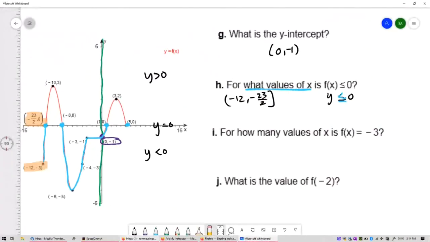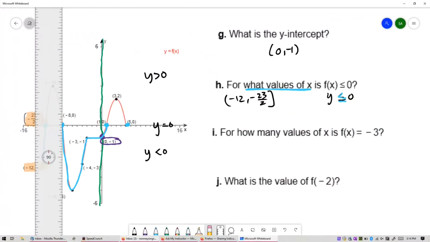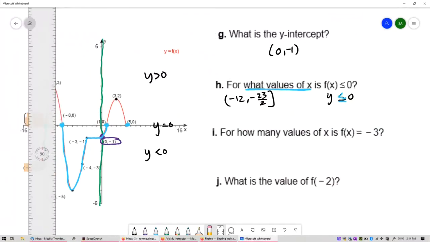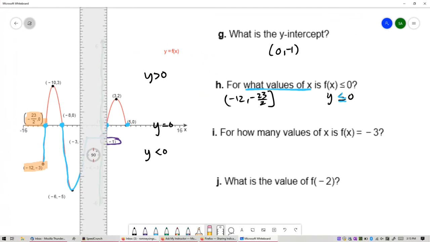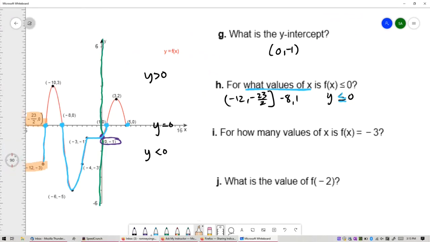So then we want to look at our next group. It starts at an x of negative 8 and will stop at an x of 1. Both of these points have a filled-in circle and are going to be included, so we'll use brackets. And then we have this point over here, which is on the x-axis, and it is a single point on its own.